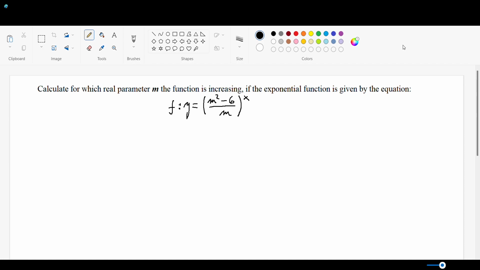This task says: calculate for which real parameter m the function is increasing, if the exponential function is given by the equation y equals (m squared minus 6 over m) to the power of x.